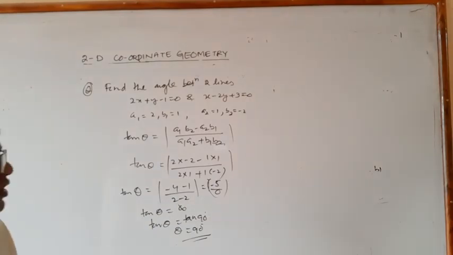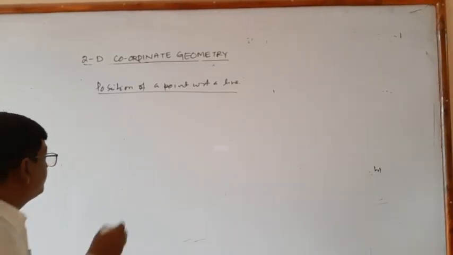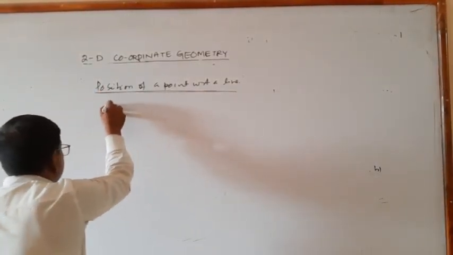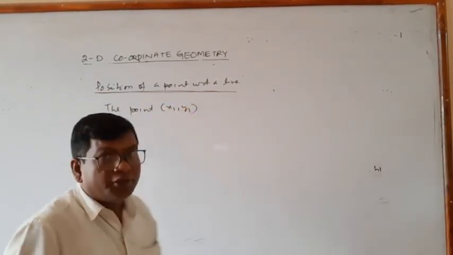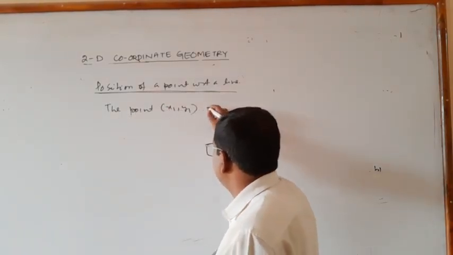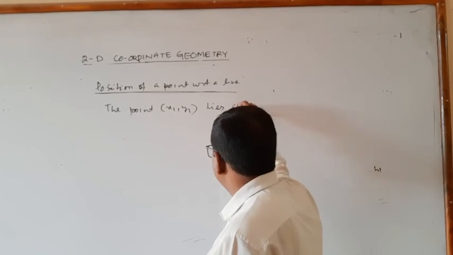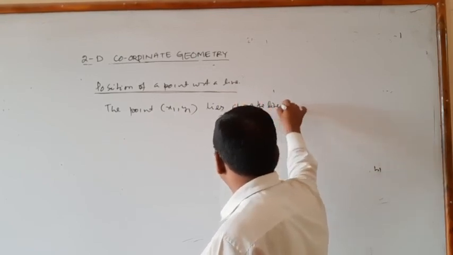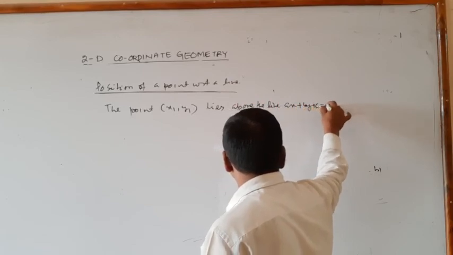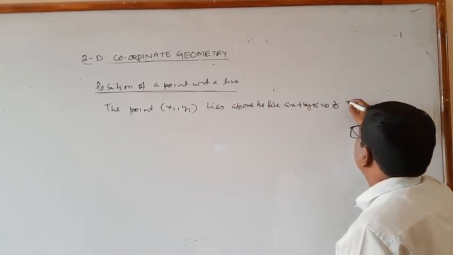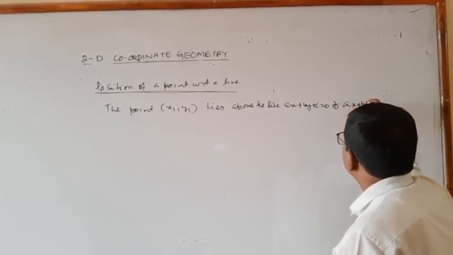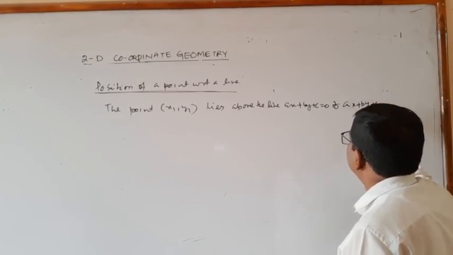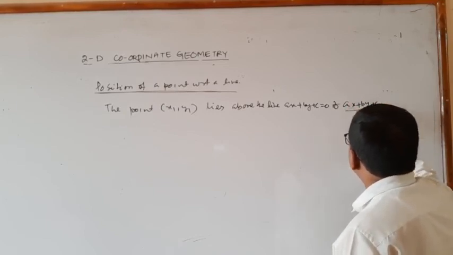Now position of a point with respect to a line. The point x1 y1 lies above the line ax plus by plus c is equal to 0 if ax1 plus by1 plus c divided by b is greater than 0.